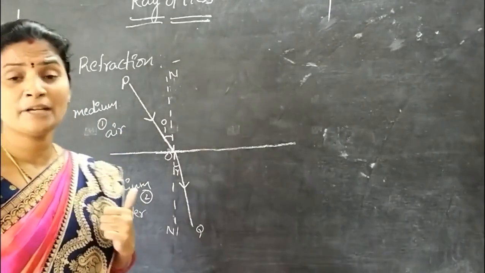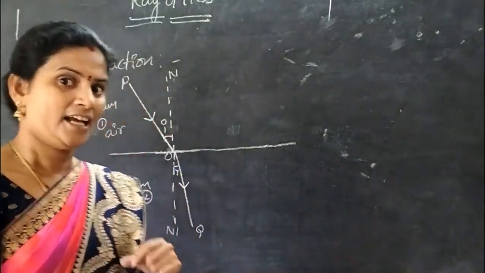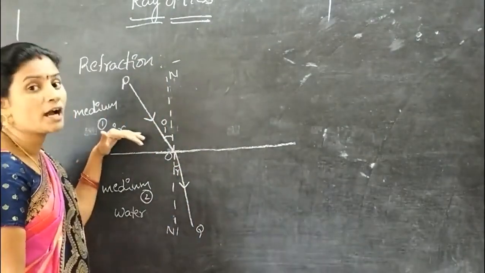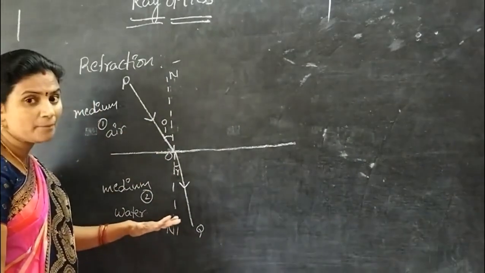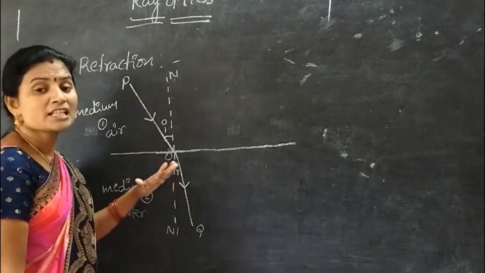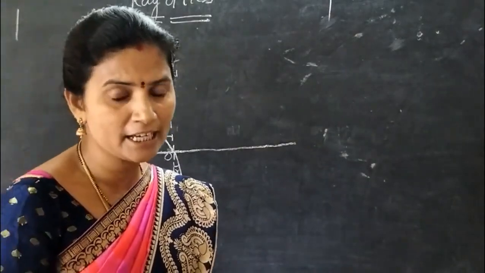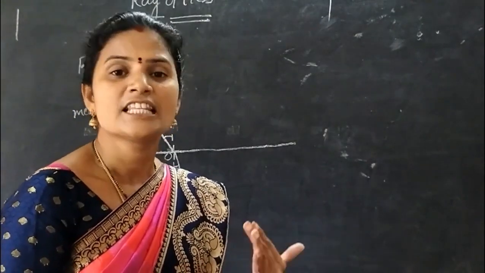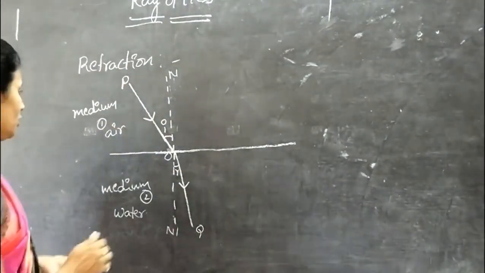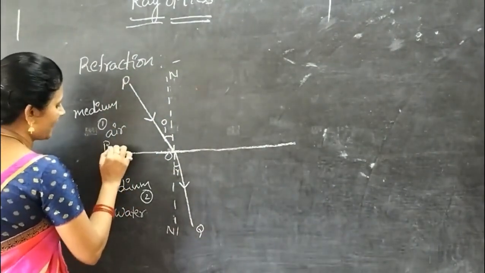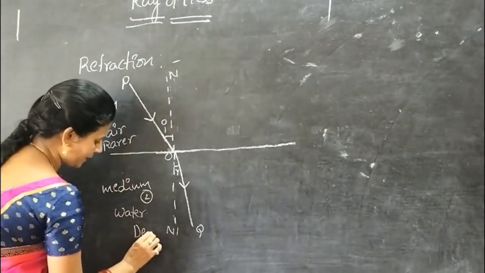How can we say that? The speed of light in air is more compared to the speed of light in water. The medium in which the speed of light is more is the rarer medium, and the medium in which the speed of light is less is the denser medium. So this acts as a rarer medium and this acts as a denser medium.